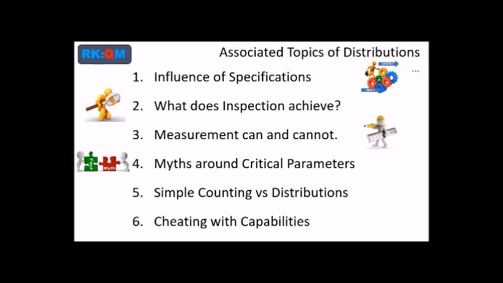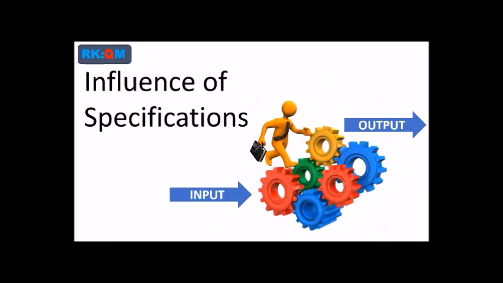The 2 myths around critical parameters. Why bother with the complexities of distributions when we can simply count the number of defects, I hear people say. That's a dangerous thought. And how you may unwittingly be cheating when you carry out a capability study, providing a fake statistic.